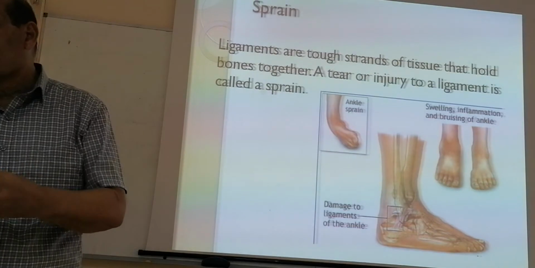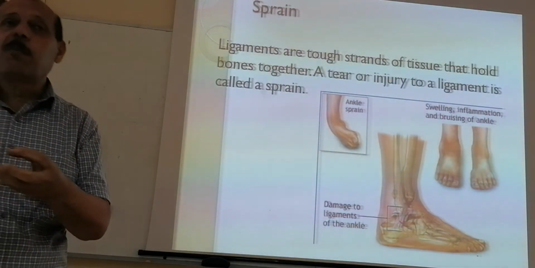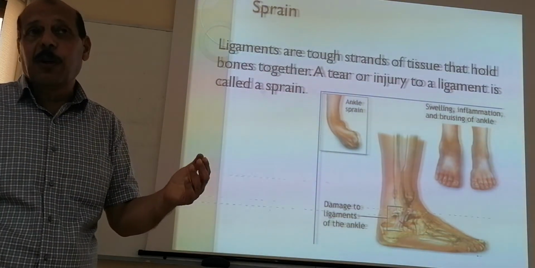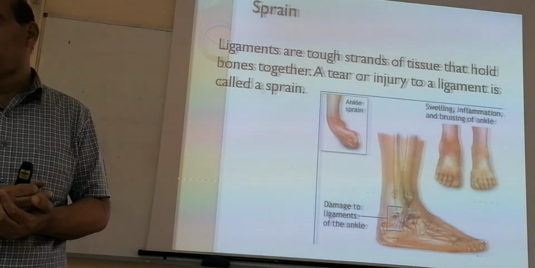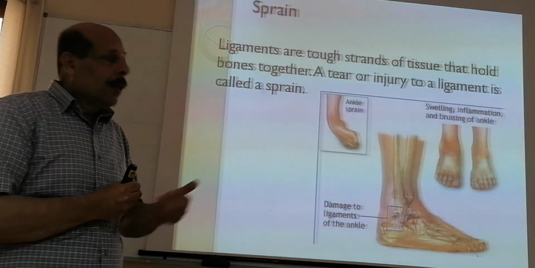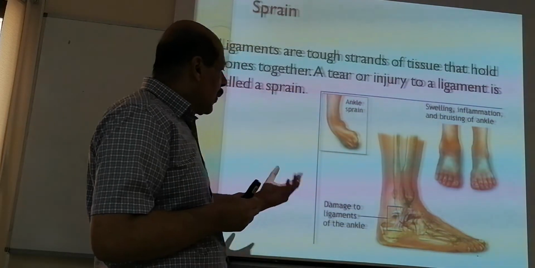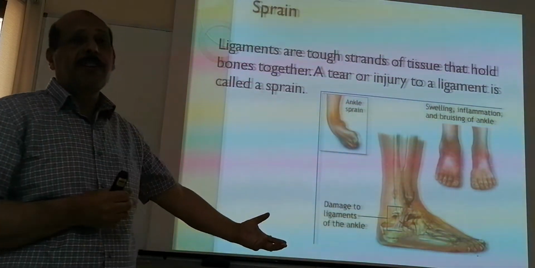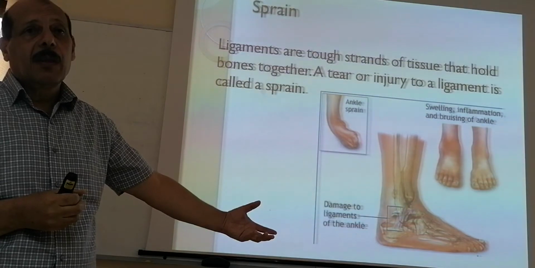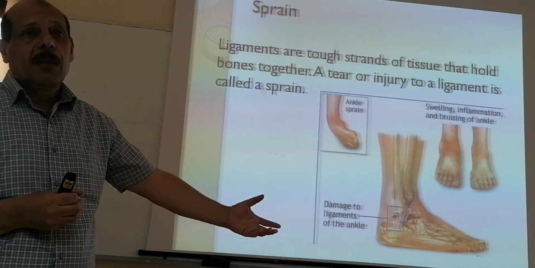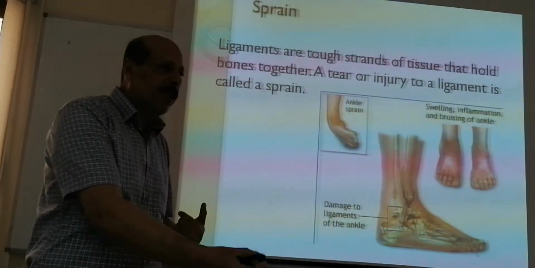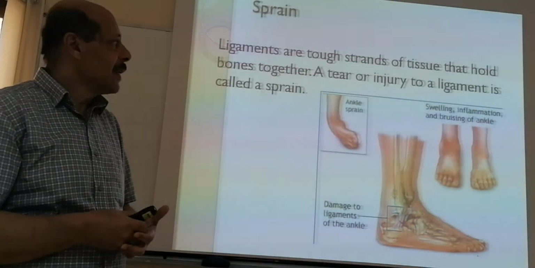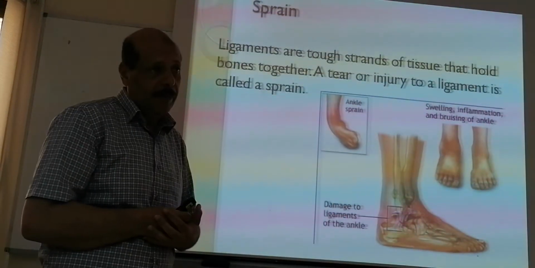Sometimes it might not be only stretching, it might be stretching and also cutting of the ligament fibers. In this case, what do we have to do as first aid, if you find somebody after injury, he has a strain.